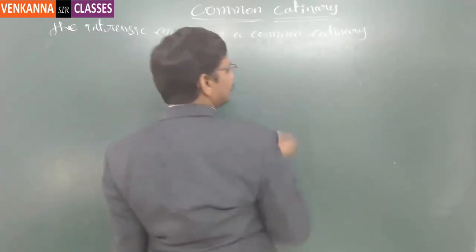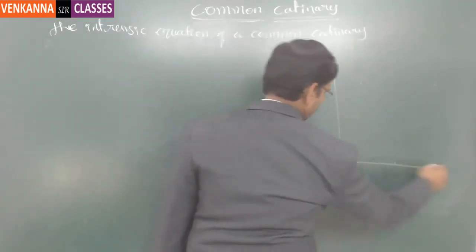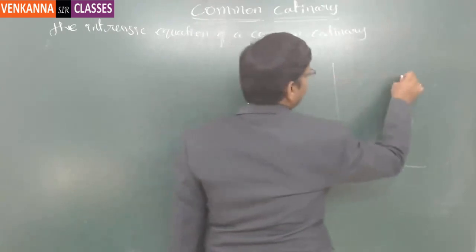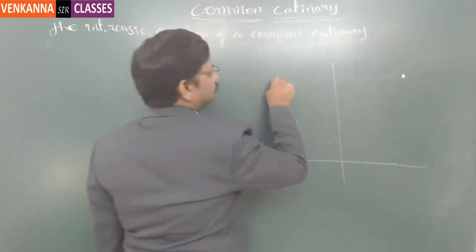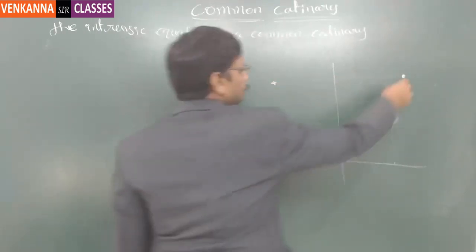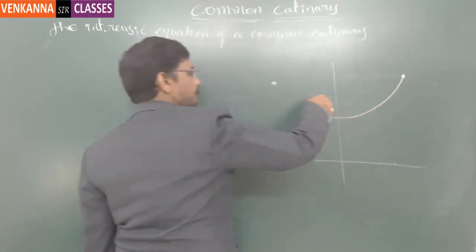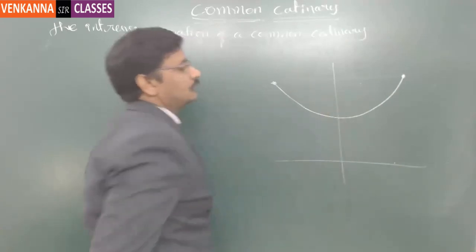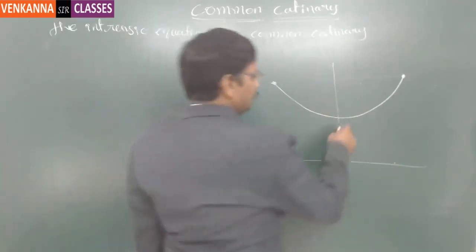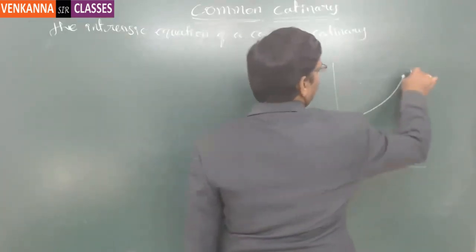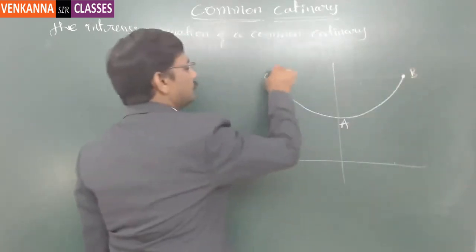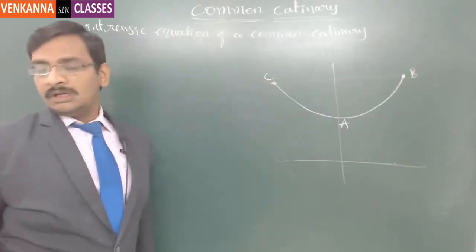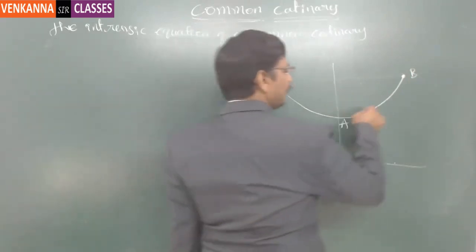Now, let us say this common catenary is tied between two different points. This is the common catenary. Let us call this point A, this point B, and this point C. This is the length of this string.